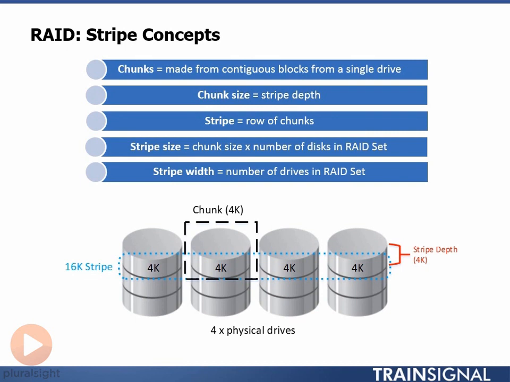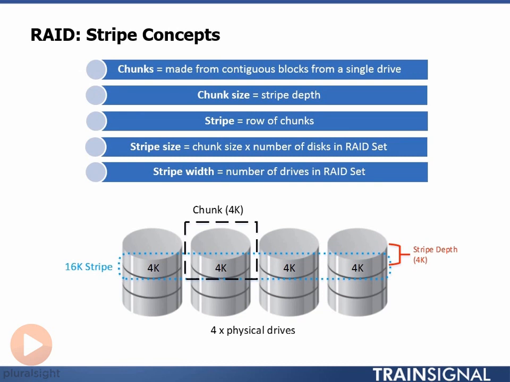The stripe width in a RAID or a striping config is equal to the number of drives in the RAID set or the stripe set, and the stripe size is the number of drives in the set multiplied by the chunk size. So in our example, the chunk size is 4K and the number of drives in the set is also 4. So 4 times 4 is 16, making our stripe size 16 kilobytes.